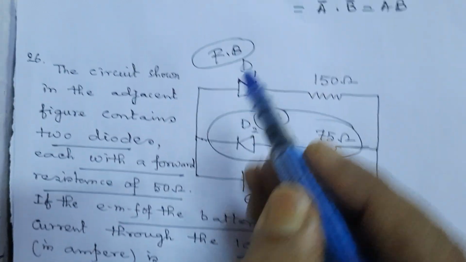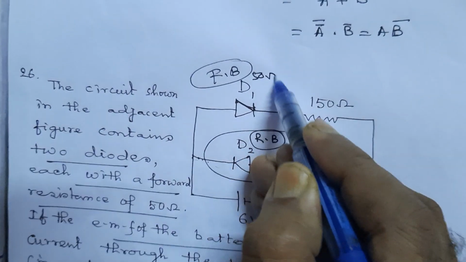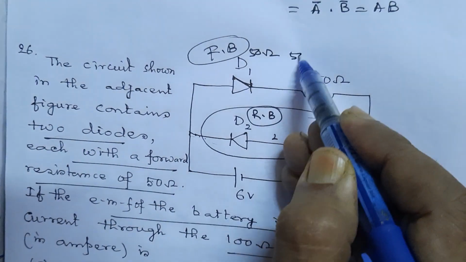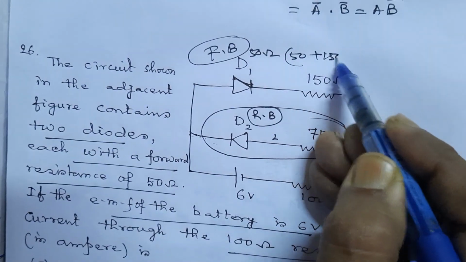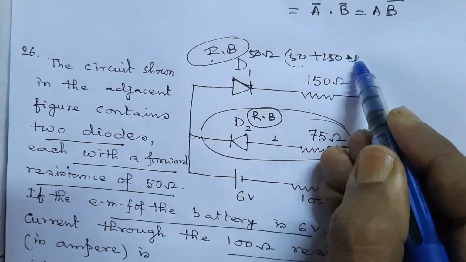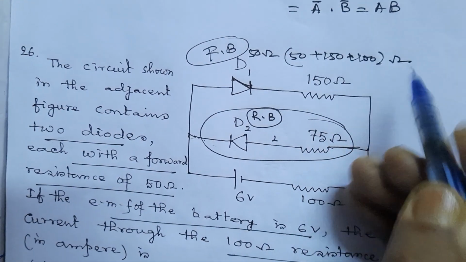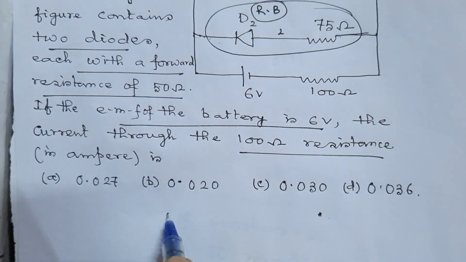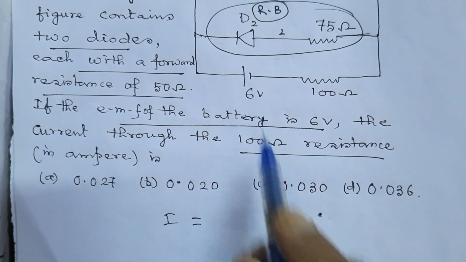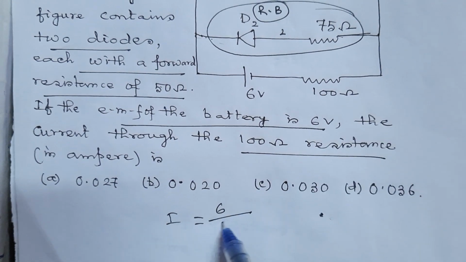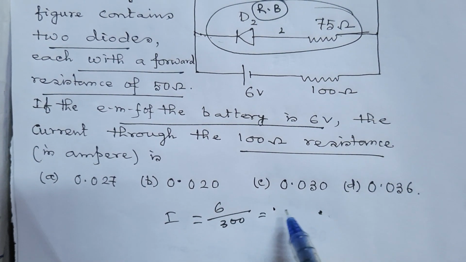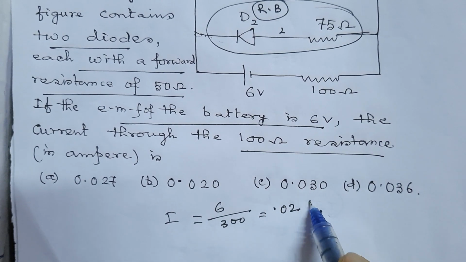So the forward bias resistance of the diode is 50 ohm. So the net resistance of the circuit is 50 plus 150 ohm plus 100 ohm, so the net resistance of the circuit is 300 ohm. Hence the current I equals the EMF of the battery, 6 volt, by 300 ohm, equals 0.02 ampere.